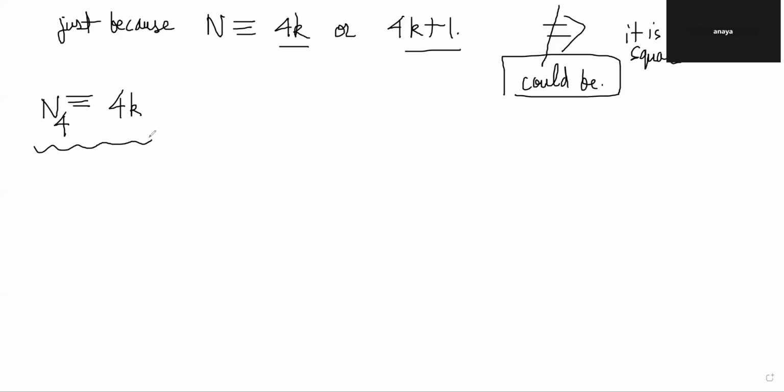Four times of this. What is N4 mod 4? It is 4 times N1, right? N1 was of the form 4k plus 3. So N4 mod 4 is clearly going to be divisible.